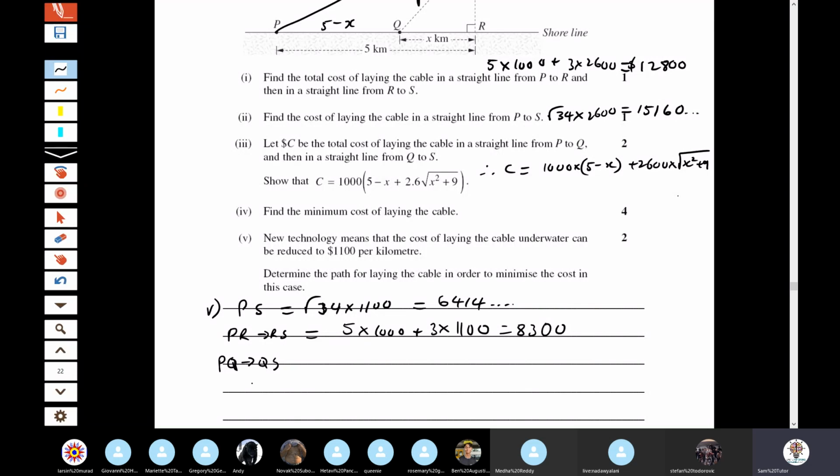No. 1.25 was only for when it cost 2,600. It's 9,900.